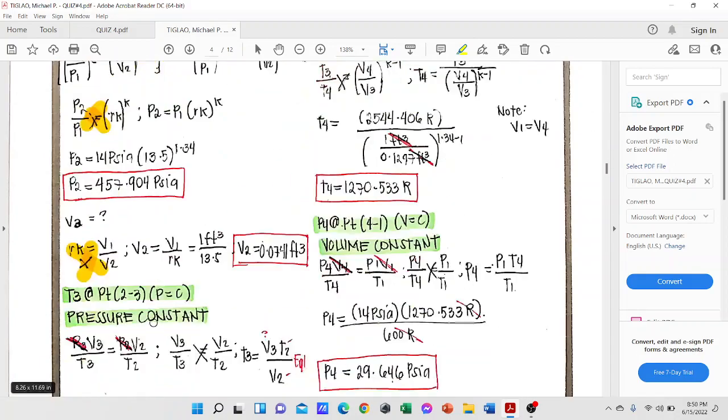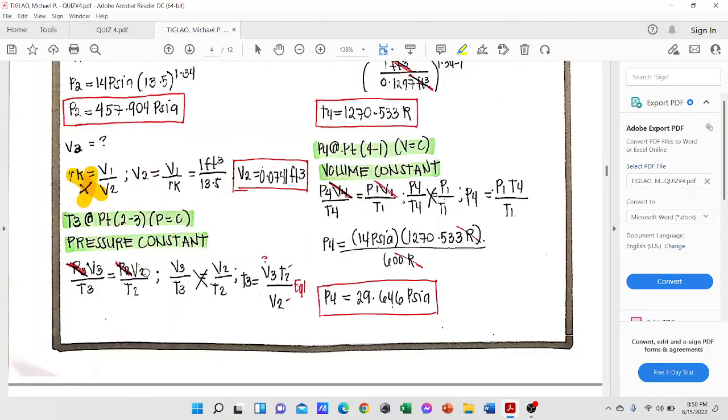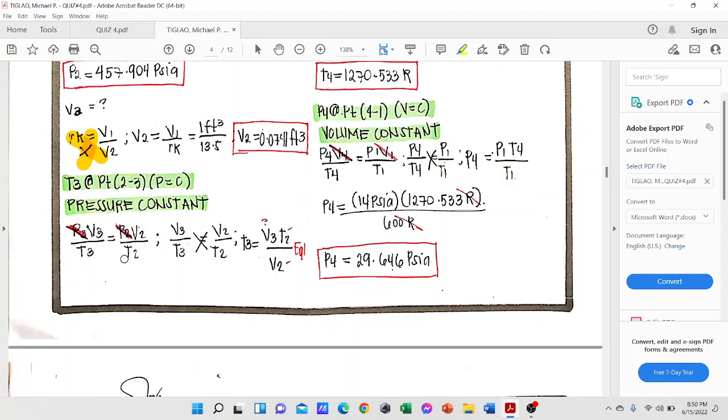Sa temperature 3 naman yung hahanapin natin. Sa temperature 3, ginamit kong process is yung process 2 to 3 wherein pressure is constant. Bali yung ginamit kong formula is yung PVT formula. So, P3V3 all over T3 is equals to P2V2 all over T2. Pressure is constant, so cancel.